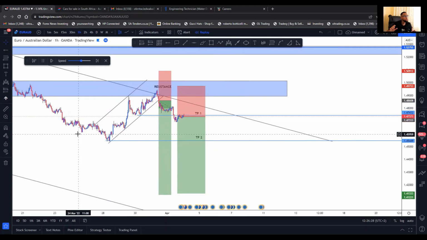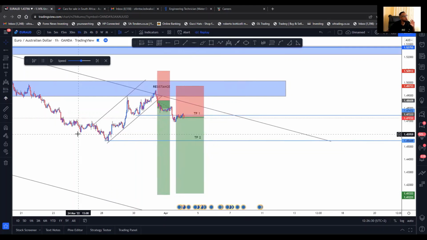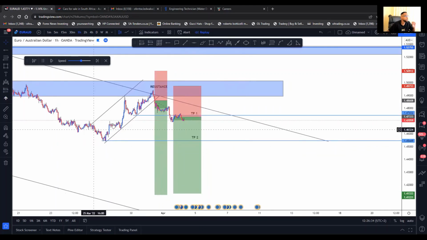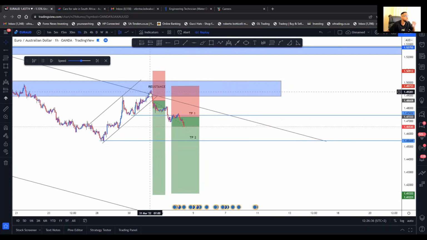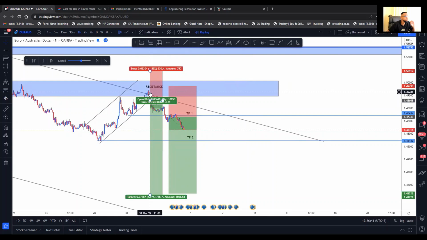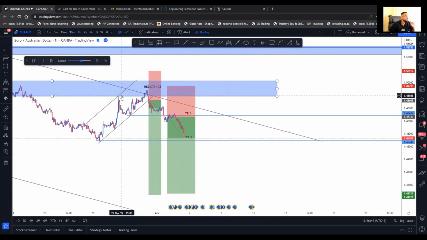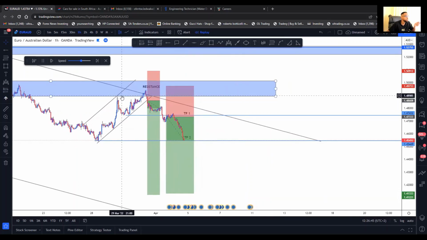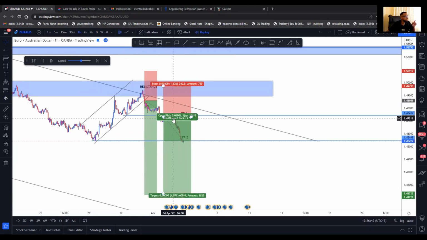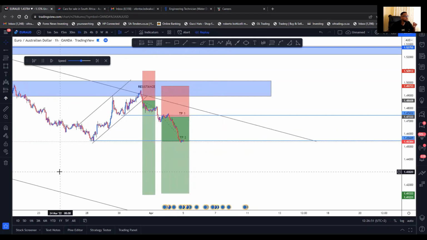So you must also try to give your trades a little bit of room. You can see here, I gave it a little bit of room because I know that we are still pushing for TP2. TP2 hit and with extra additional trades added.